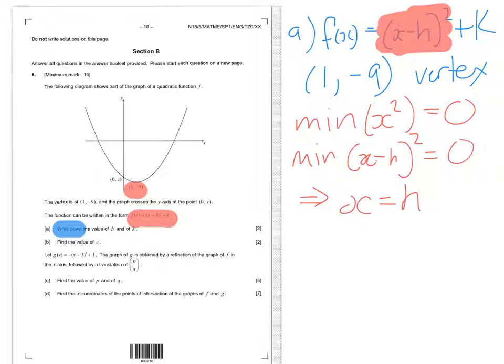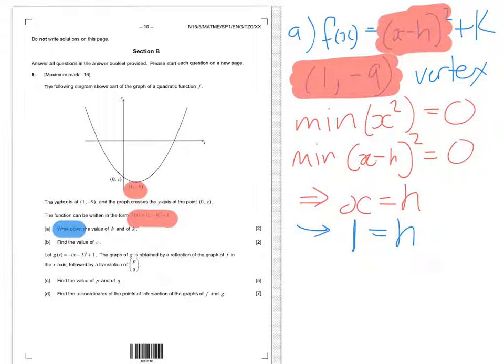And in this case, we know when we get to that minimum value. We get that minimum value when x is 1, which is equal to h. And obviously, if you understand this, you don't have to write all those steps down. The instruction was write down, so you should be able to write down the answer h equals 1.